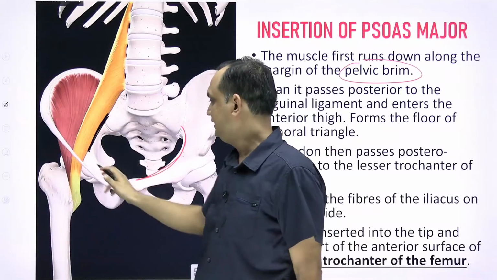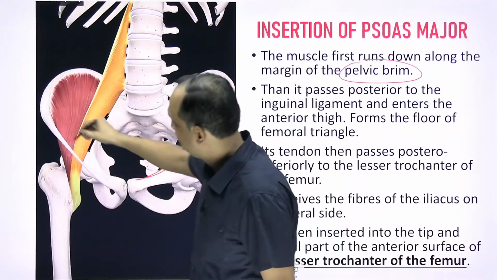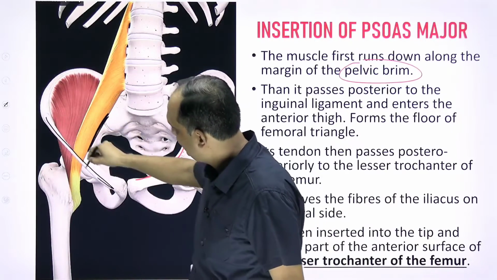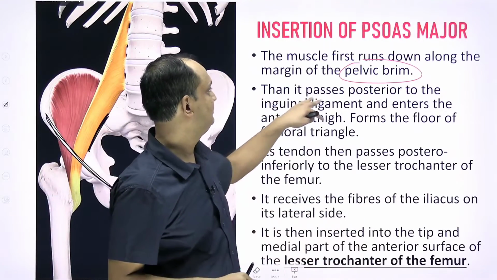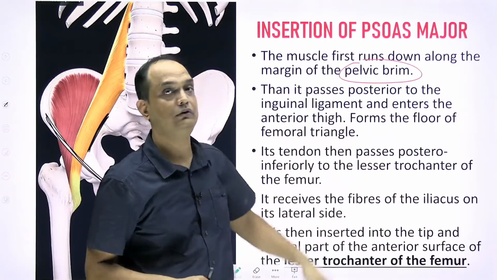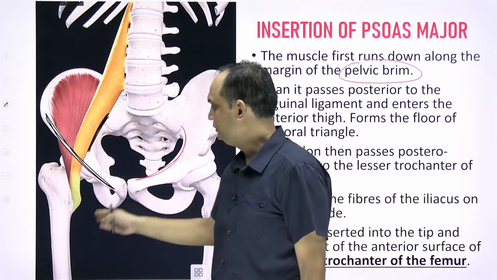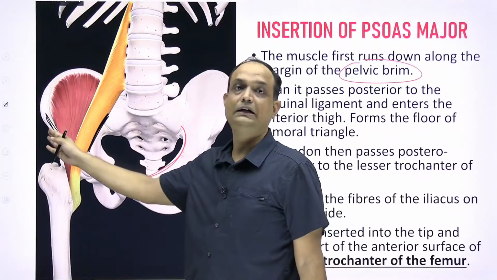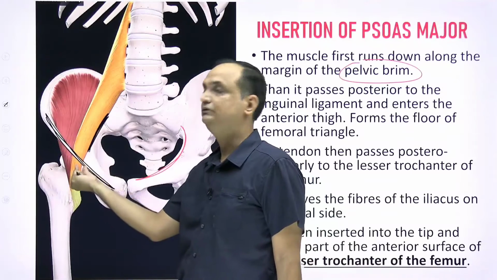Then you can see this is the inguinal ligament. The muscle passes below the inguinal ligament. This is the important thing, that it passes posterior to the inguinal ligament and then enters the front of the thigh. When you see the front of the thigh, you have the femoral triangle, and in the floor of the femoral triangle you have the iliacus and psoas major.